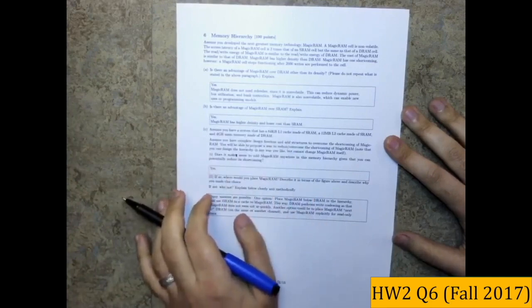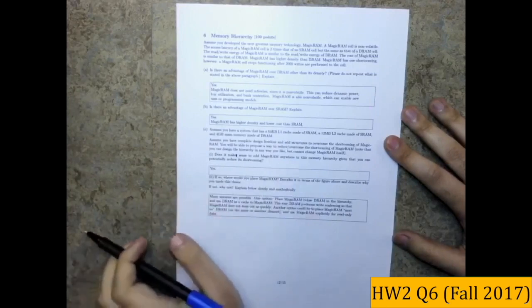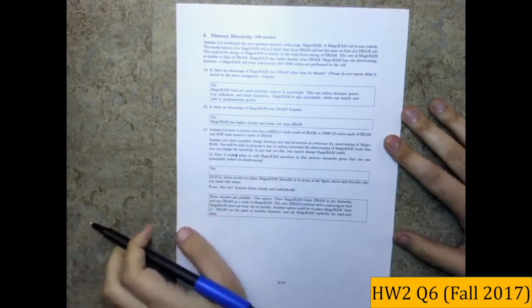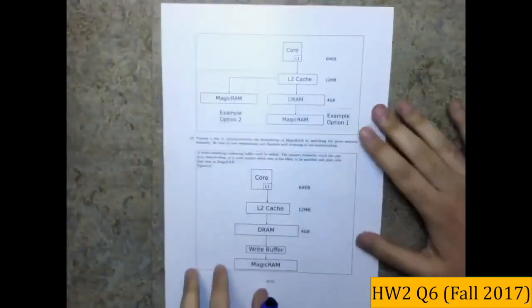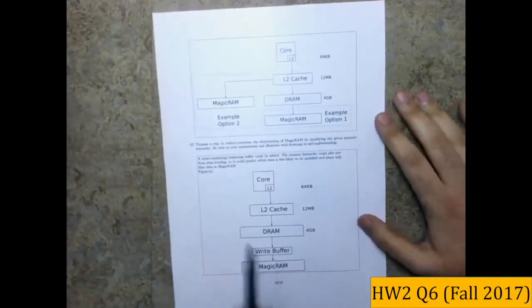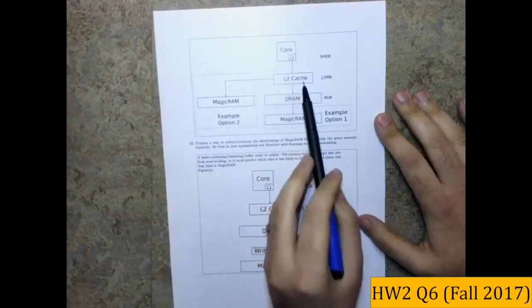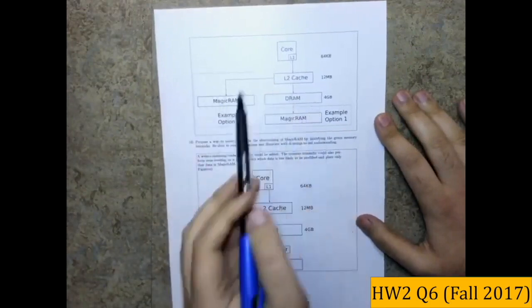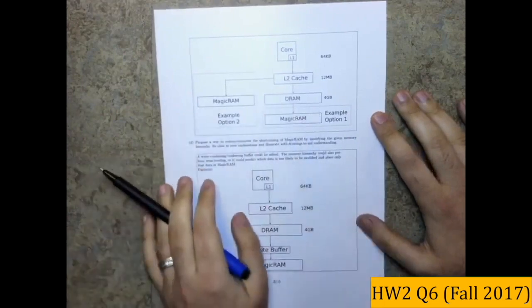In part C, it asks: does it make sense to add magic RAM anywhere in this memory hierarchy? The answer is yes. We can use magic RAM as a part of the address space in option 2. When we have an L2 cache miss, we can have a DRAM access or a magic RAM access. So magic RAM keeps part of the address space.